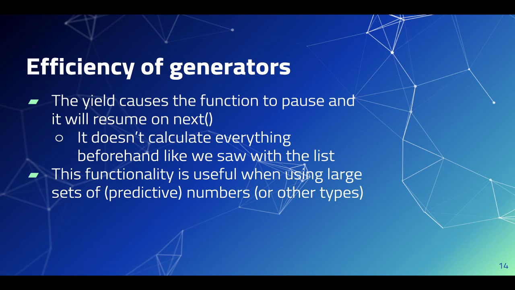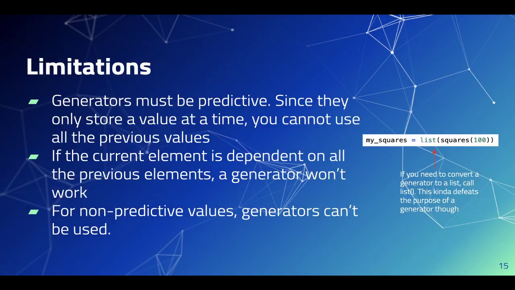This functionality is useful when using large sets of predictive numbers, and we'll talk about what that means in a second. You can use predictive numbers or other types, predictive strings, predictive tuples, whatever. Anything that's predictive in nature, you can use generators, and it would definitely be more efficient.